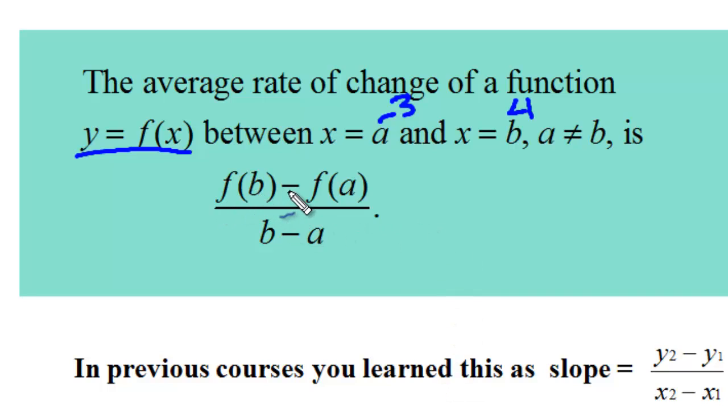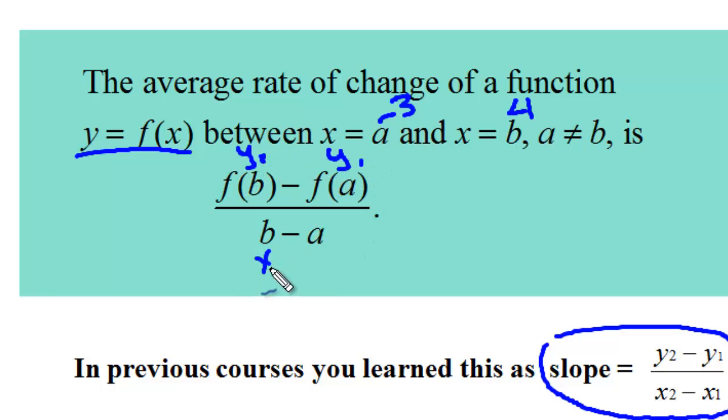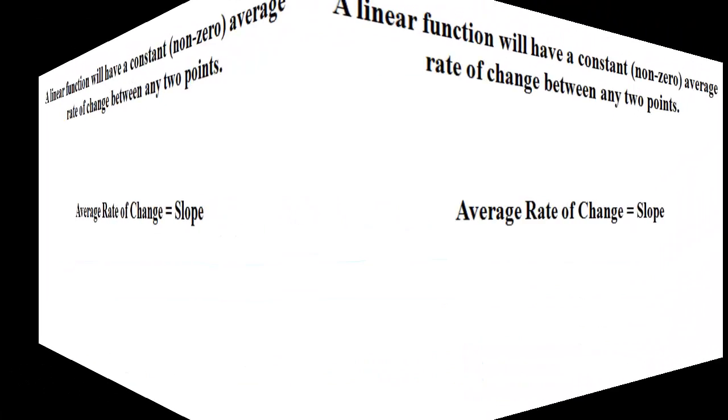would be f of b minus f of a over b minus a. In previous courses, you learned this as the slope equals y2 minus y1 over x2 minus x1. So translating that, here's our y2, here's our y1, and here's our x2, and there's our x1. Different terminology, same idea.